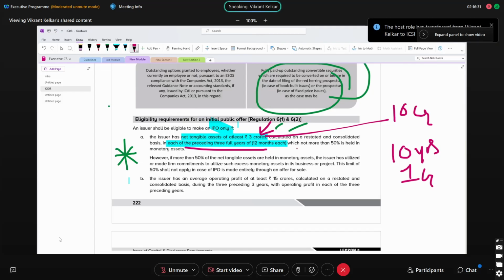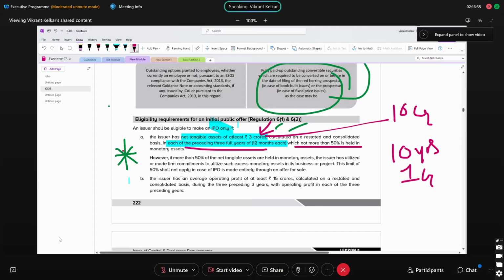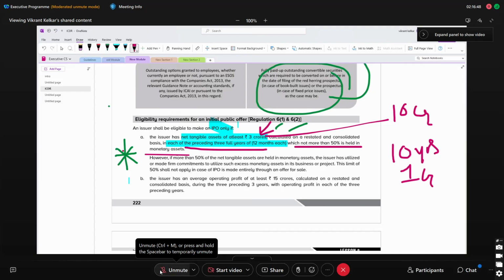And one more condition is there that out of that, not more than 50% held in monetary asset. Means what? That you can't borrow only cash and you are showing cash as your asset. Tell me whether cash is asset. For any business, whether cash is an asset.